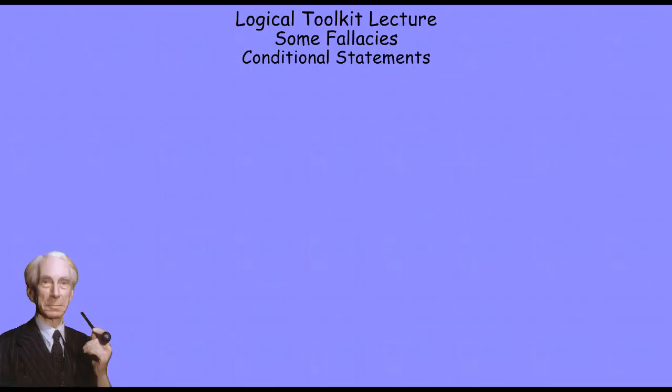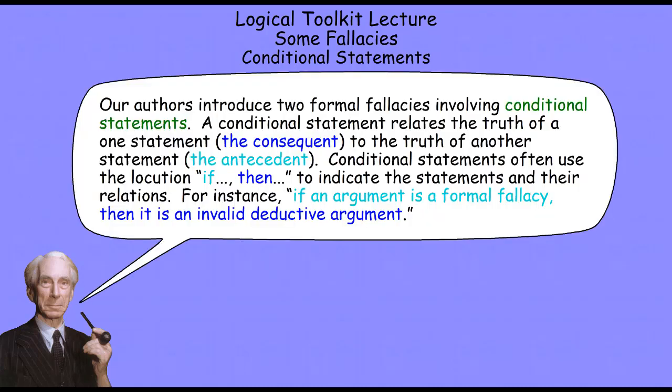Now, the next two fallacies that we're going to look at involve what are called conditional statements. Conditional statements are statements that relate the truth values of two component statements. So a conditional statement relates the truth of one statement, called the consequent, to the truth of another statement, called the antecedent. Conditional statements will often use a locution, like if, then.